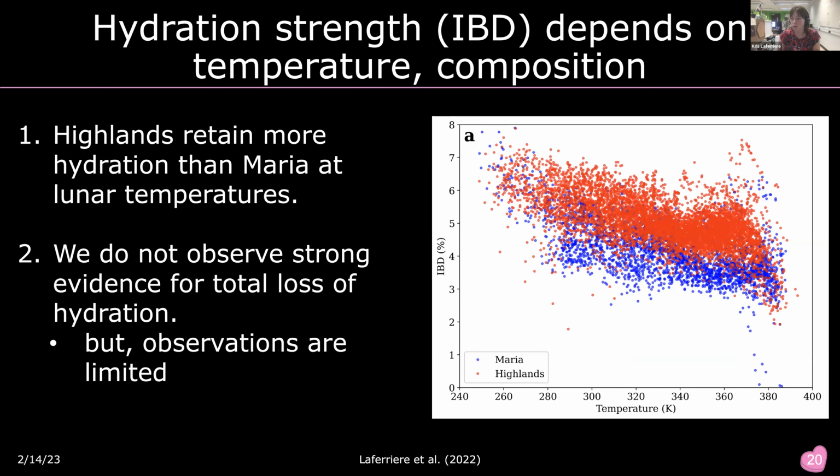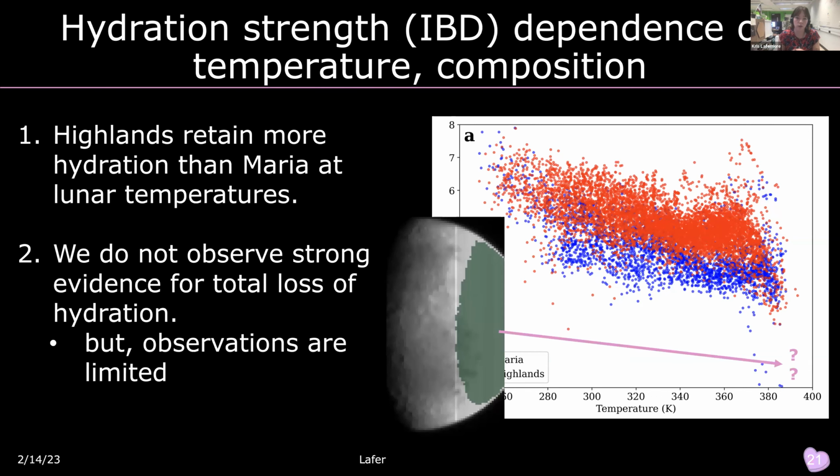There's a couple pixels which do get to really low integrated band depth values. But as a reminder, our observations are really limited. So it's possible and probably likely that in the region we've lost because of saturation of the instrument, integrated band depths are very low or close to 0.